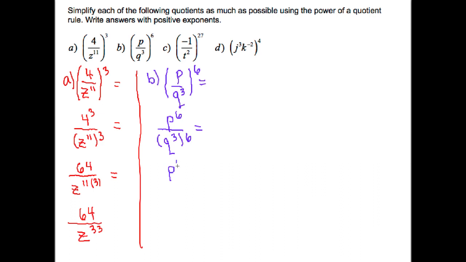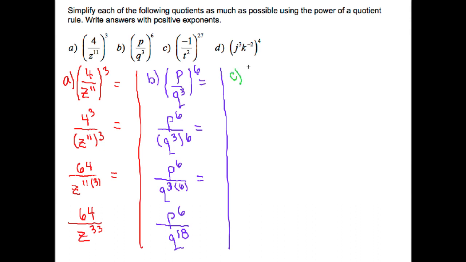So I'll rewrite p to the sixth, but in the denominator, again, because I have an exponent raised to an exponent, I'll go ahead and multiply those exponents. I have 3 times 6. So in the numerator, this leaves p to the 6th, and in the denominator we have q to the 18th.